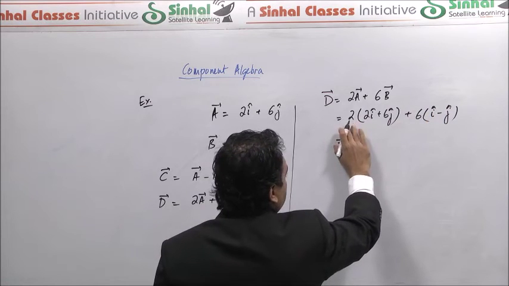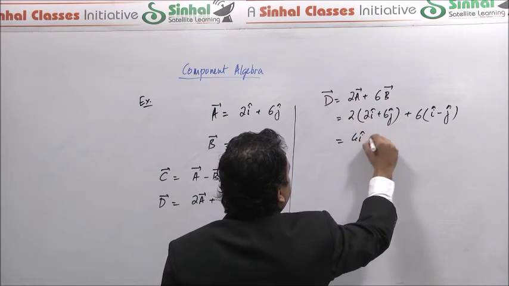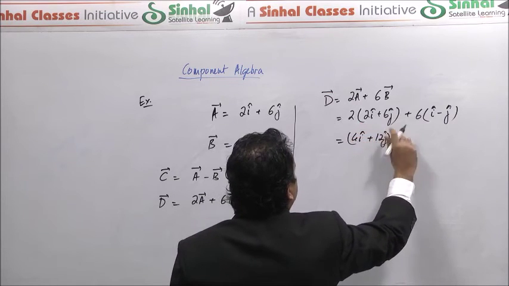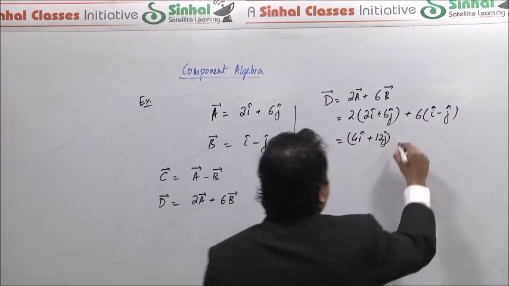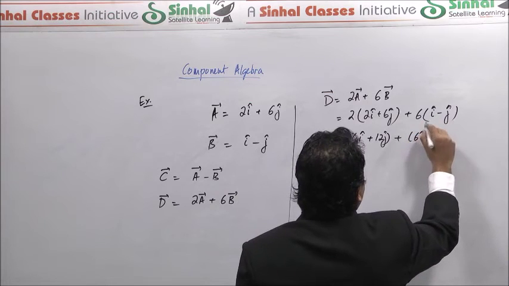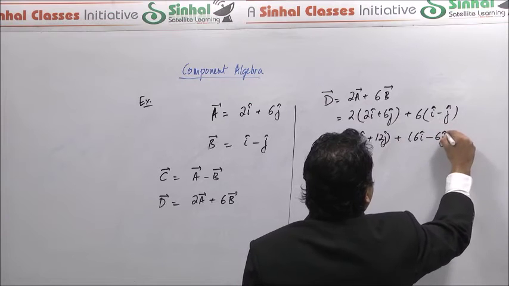So now this would be solved as 2 times 2, or 4i cap, plus 6 times 2, or 12j cap, plus again 6 times i cap, so that's 6i cap, plus 6 times minus j cap, so that would be minus 6j cap.